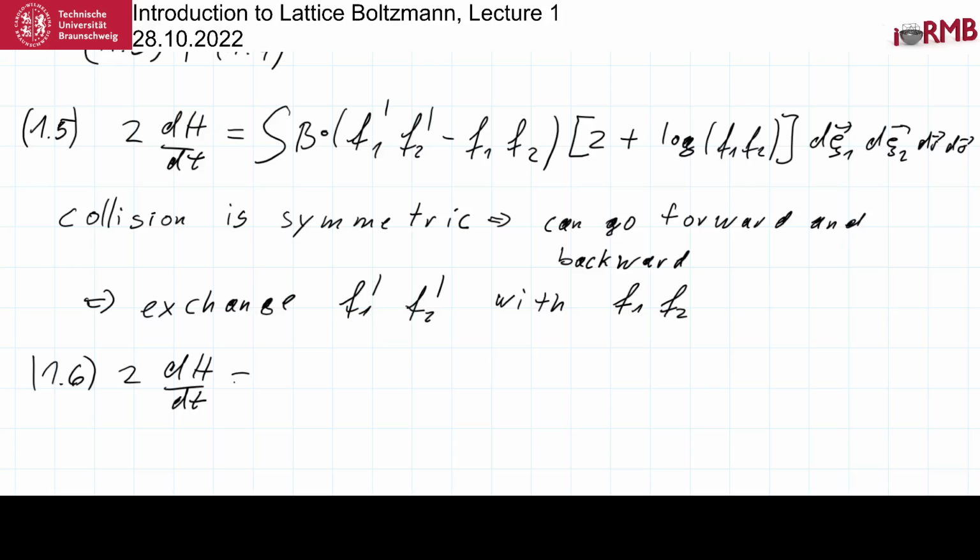The left-hand side is the integral b multiplied by, now I exchange these distributions.